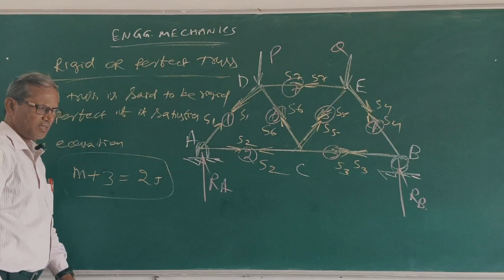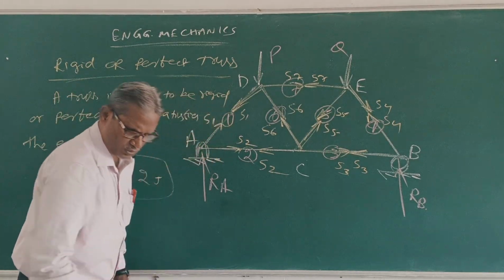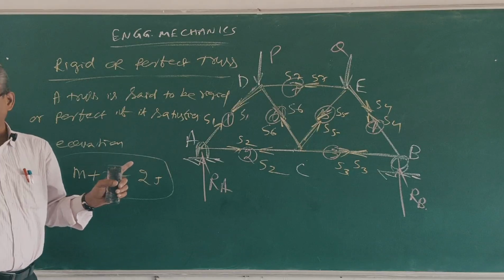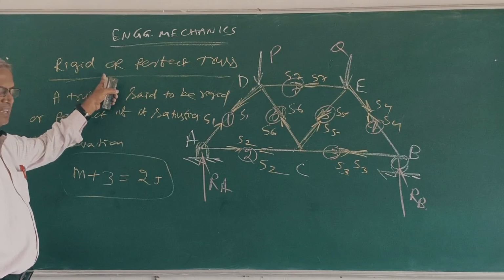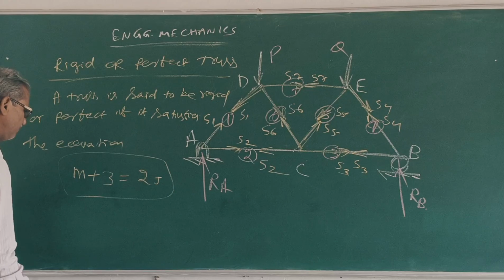Clear? If it satisfies the equation m + 3 = 2j, the truss is a rigid or perfect truss.